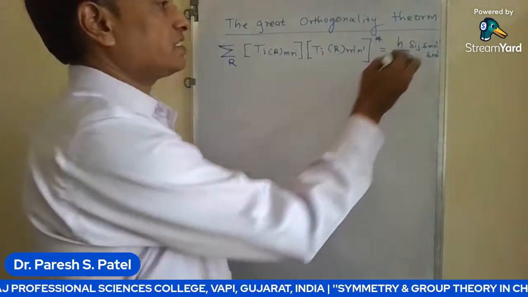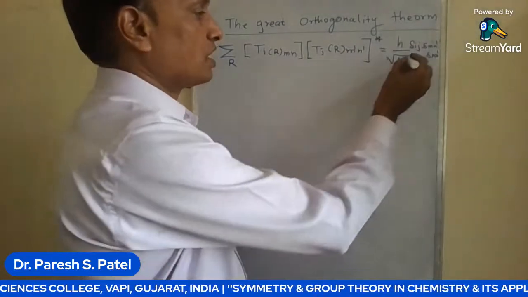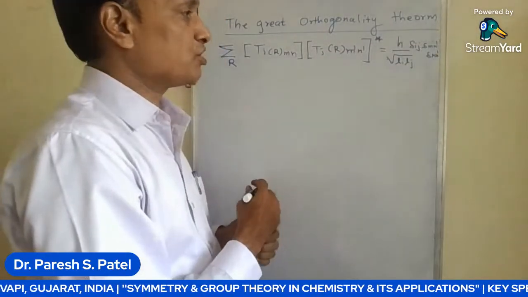Here h represents the order of the group, and li, lj represent the dimensions of these matrices.